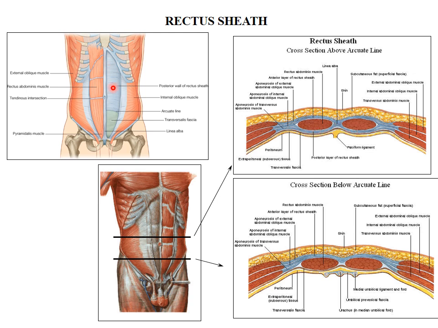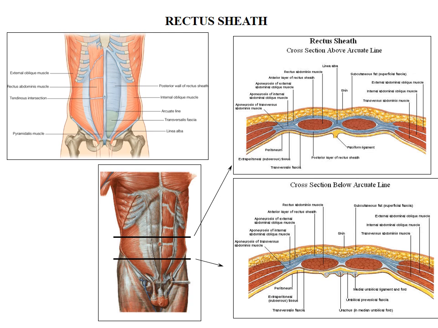This is the aponeurotic envelope which surrounds the rectus abdominis muscle. This envelope holds the rectus abdominis in place but doesn't restrict its movement. The envelope has an anterior wall and a posterior wall.